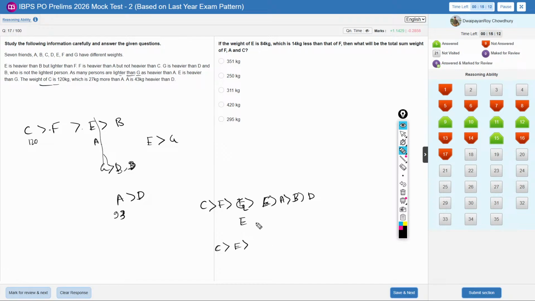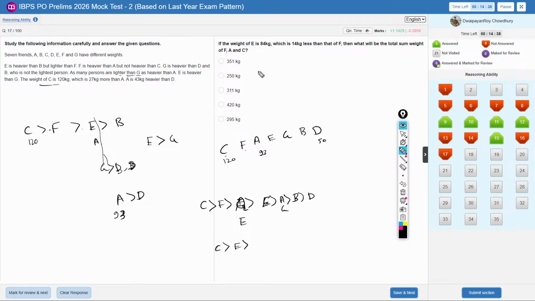Okay, so I will just slot A here and G here. So C, F, A, E, G, B, D. So C, F, E, B, A, G, D. A 93, C 120, and D 50.